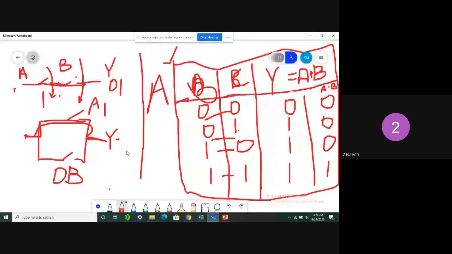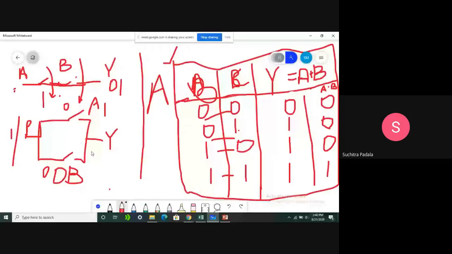Got this diagram? So for example, consider the input. What is the first input combination? Let it be 0 and 0. If both are zeros, in the sense both are open, can you get output? No, sir. So let us consider if B is 1.